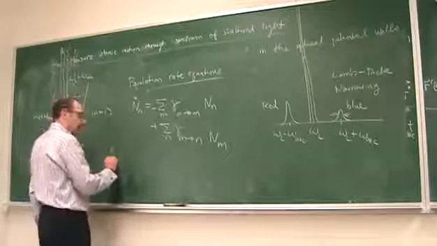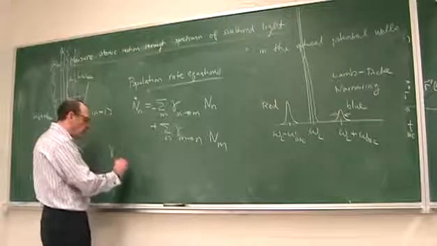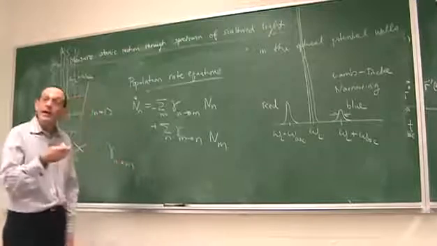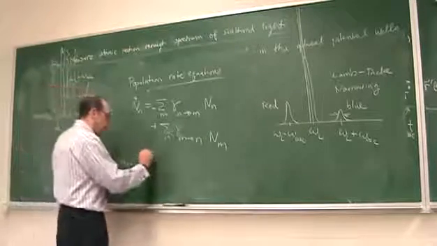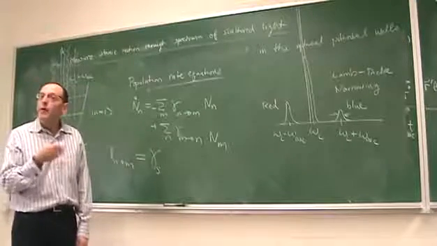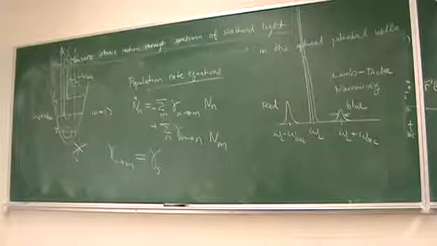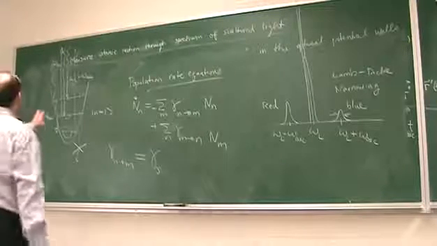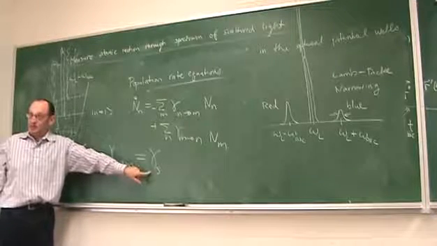What are these transition rates? Well, we could get these from Fermi's golden rule or from a master equation description. At the end of the day, what we have is the scattering rate. That would be the rate associated with absorbing and emitting a photon to the same level. But in addition, that's all about the internal degrees of freedom.